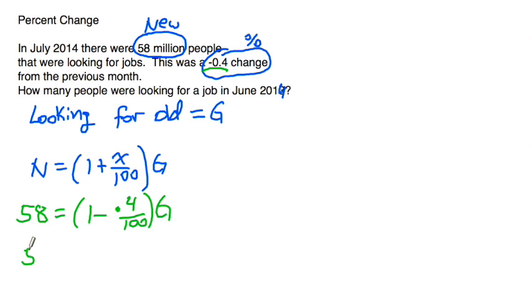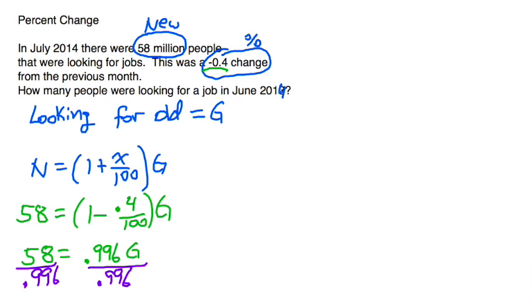So this becomes 58 is equal to 0.996 times the old value. And then to solve that, you divide both sides by 0.996. And finding the old value now becomes really easy.